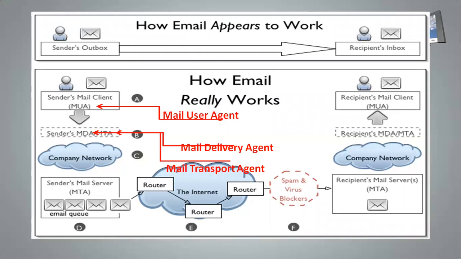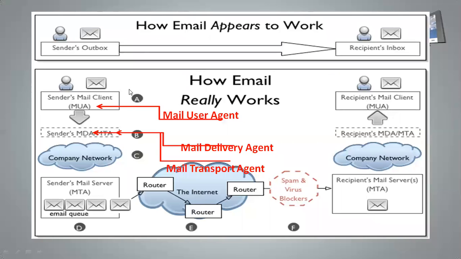You see here, this diagram shows how the user agent and transfer agent help the network and user to transfer the mail from sender to receiver. Here the sender's outbox sends one mail to the recipient's mail inbox. So what is the mechanism that takes place?